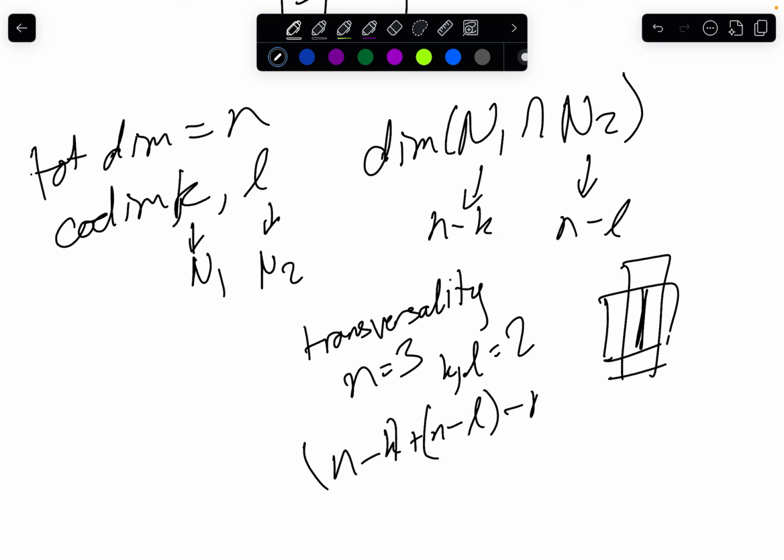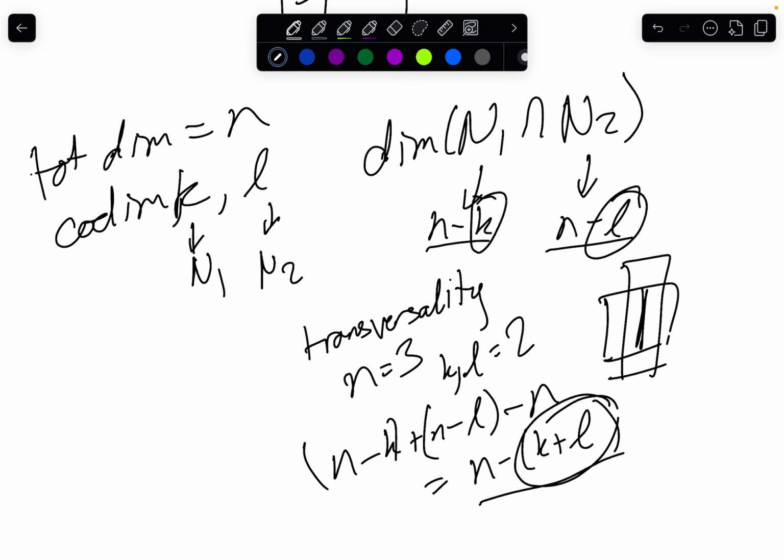But you can show that using rank-nullity or something, that this should be the dimension of the intersection, which is equal to n minus (k plus l). So we see that dimensions are kind of messy to work with because you start with something of dimension n minus k, and something of dimension n minus l, and you end up with n minus (k plus l). But if you look at the codimensions, it's nice. And so these Thom classes give you something of codimension that amount. And so it's nice because you can take products of these Thom classes and they correspond to intersections.